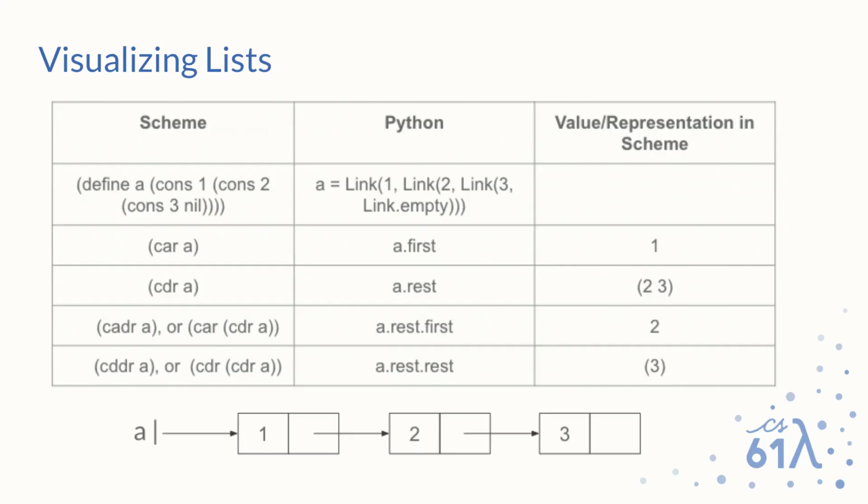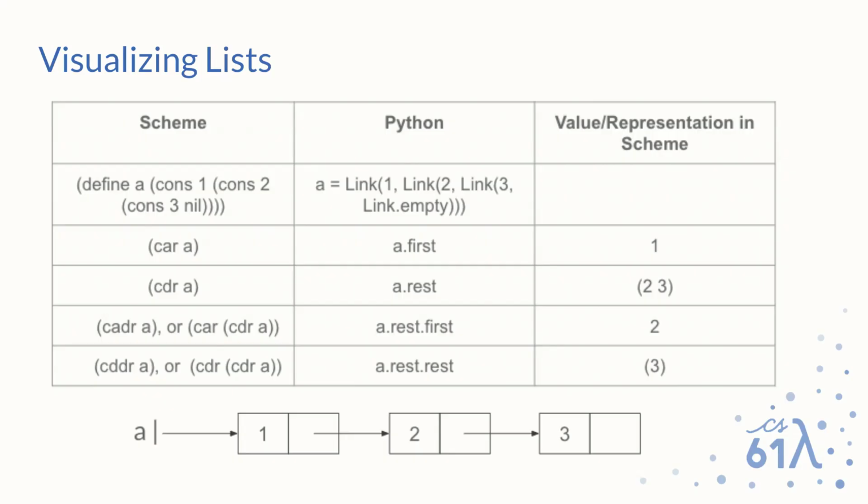But for a linked list in Python, we don't need to mention link.empty. The reason for that is when we have the linked list implementation in 61A, the class objects have attributes like first and rest, and the attribute for rest, if you don't put any input, is going to default to link.empty. There's no way that we have that in the Scheme implementation, so you also have to always be explicit.